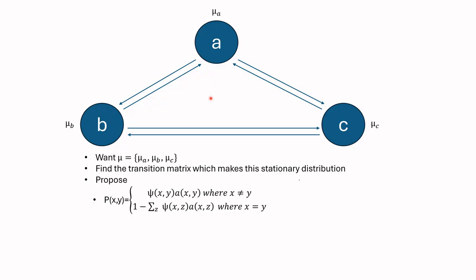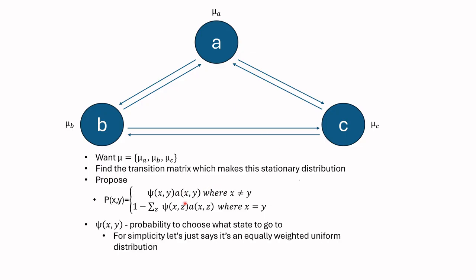But then once you propose that you're going to go to another state, you have to decide if you're actually going to go to that state, or, put in our example before, you have to decide if you're going to go to that country. And that's what this A represents here. So, moving on now, as I said, this is the probability to choose where you're going to go.